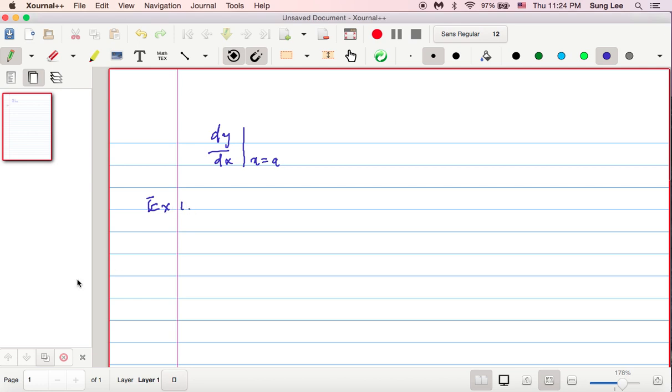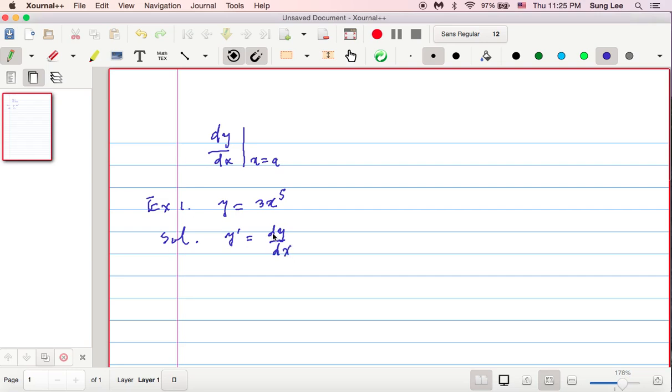So example number 1, y equals 3x to the 5. For its derivative, we can use y prime, or we can also use dy by dx.